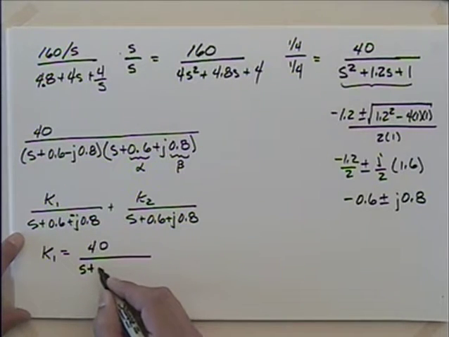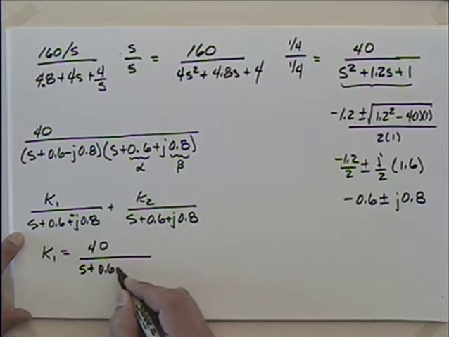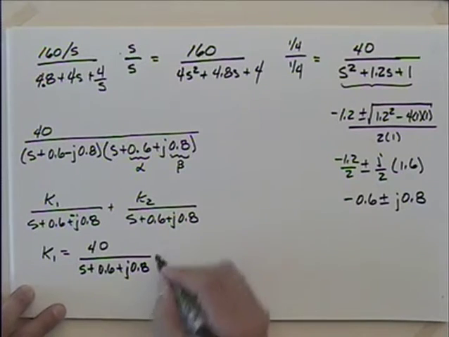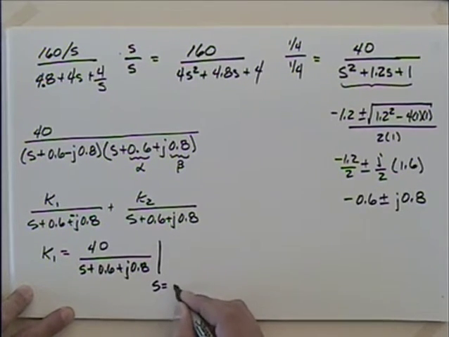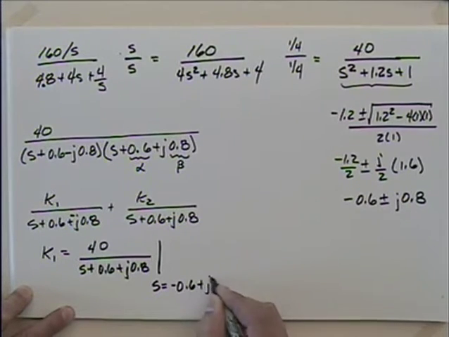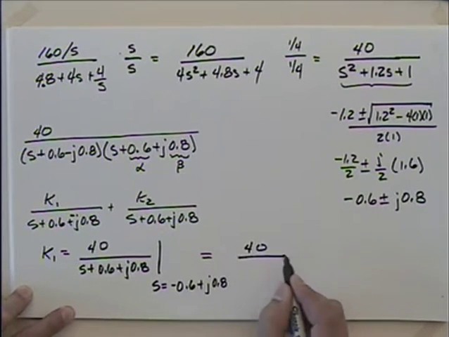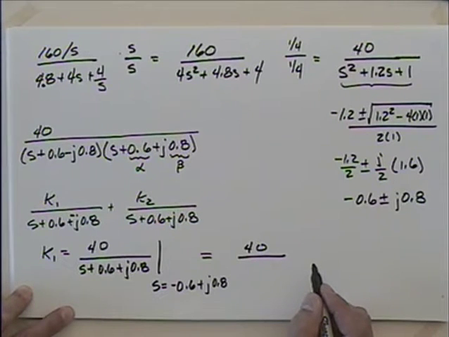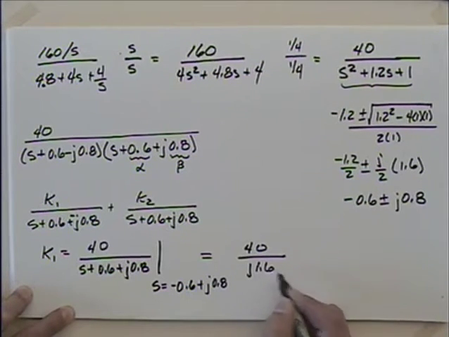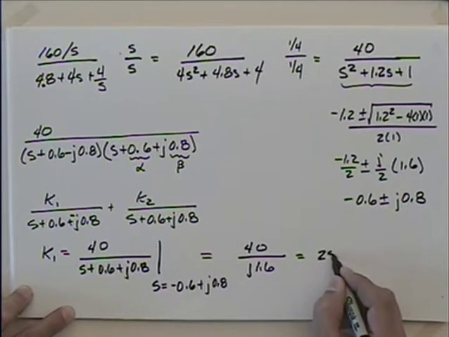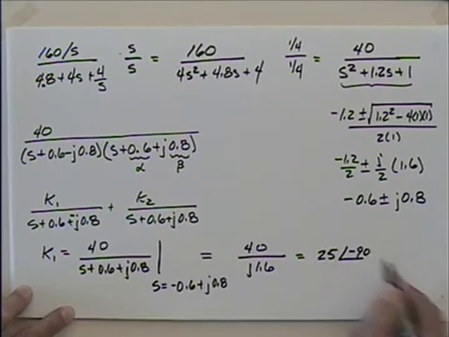Plus 0.6 plus J0.8. And I'm evaluating this then at S is equal to minus 0.6 plus J0.8, which gives me then 40 divided by J1.6, which is equal to, throw that in your calculator, you come up with 25 at minus 90.